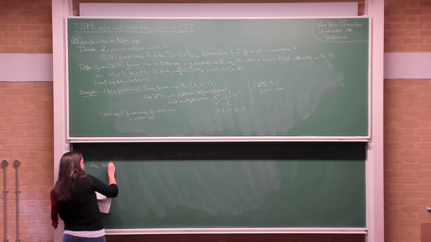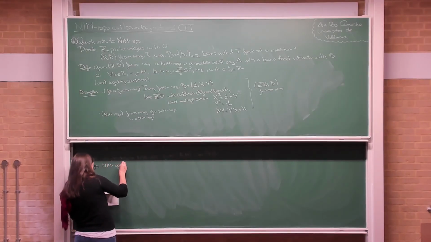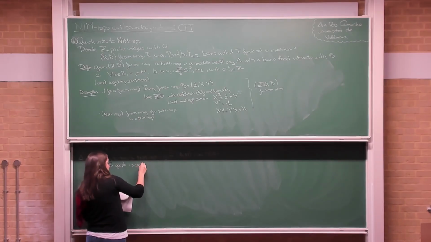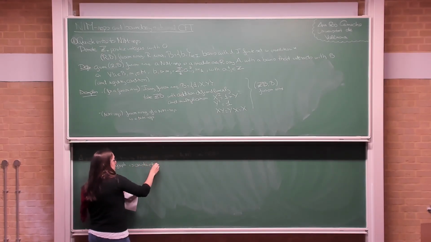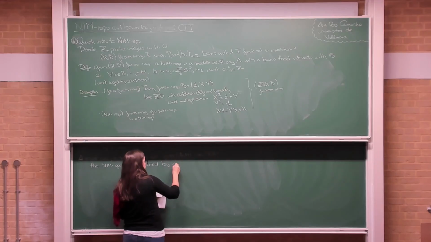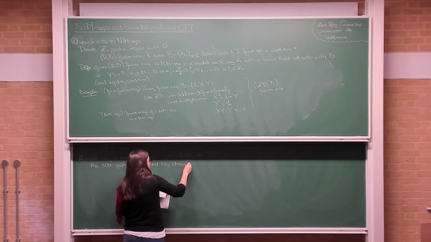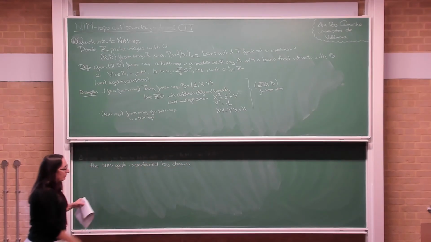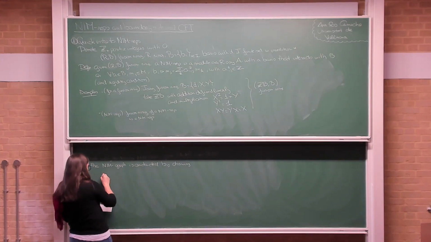The NIM graph is constructed by drawing, for every element that we have in the basis of M, a node.